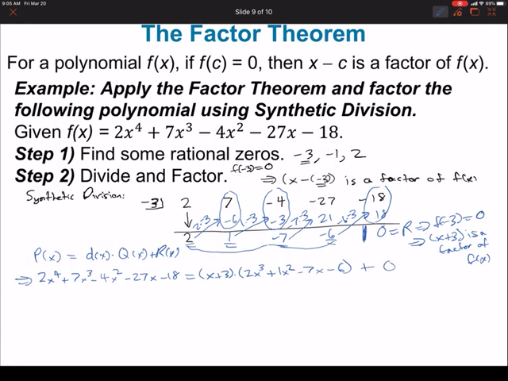So we've got our polynomial factored down to x plus 3 times 2x cubed plus x squared minus 7x minus 6. These are the coefficients of the quotient polynomial.